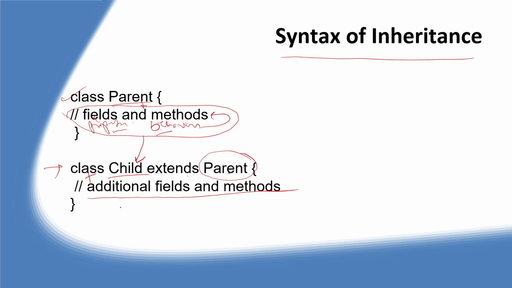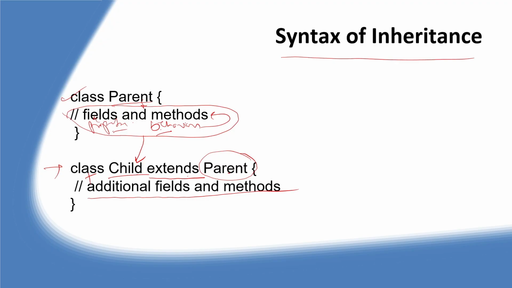So inheritance is implemented using the extends keyword. You can see here the extends keyword. We use the extends keyword between child and parent class. So the child class extends the parent class and it inherits its members.